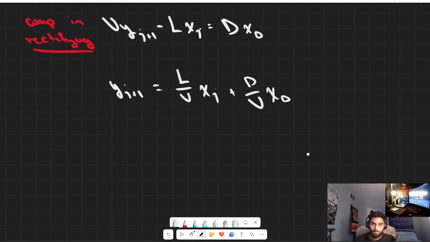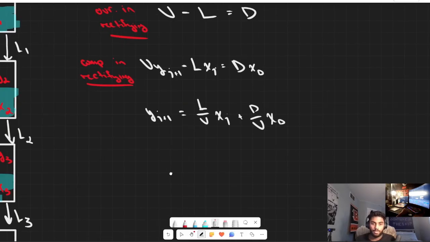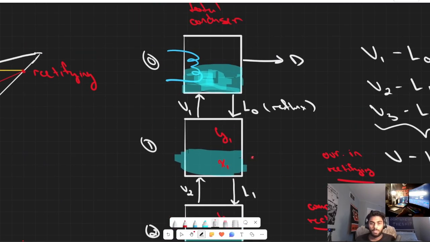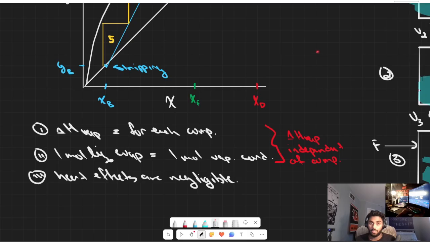Now, one more thing that we can come back to, and I'm going to go back up here. If we were to do a mass balance on just this stage here, stage 0, we have an entering, we have an exiting, and another exiting. And we know that this liquid stream is constant, this vapor stream is constant, this distillate stream is constant because of the assumptions that come along with McCabe-Thiele.